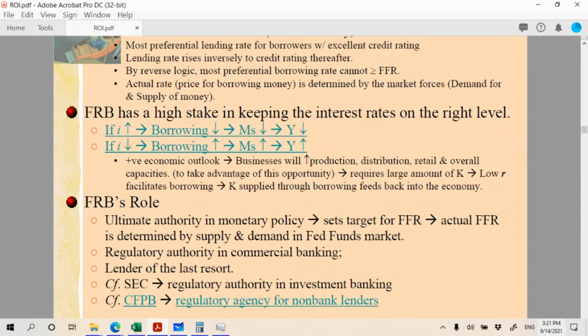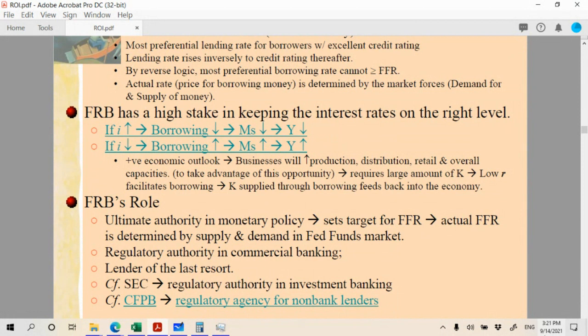Isn't that right? Even without any physical cash in your account, you can write a check. So it's the same thing between the commercial bank and the Federal Reserve.